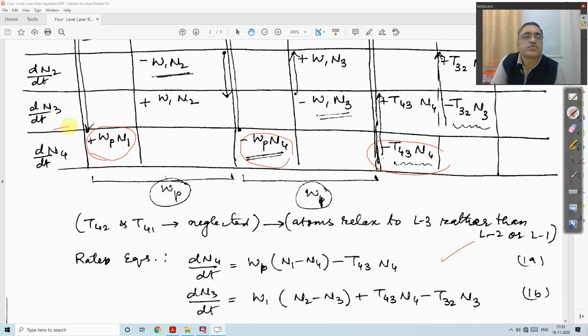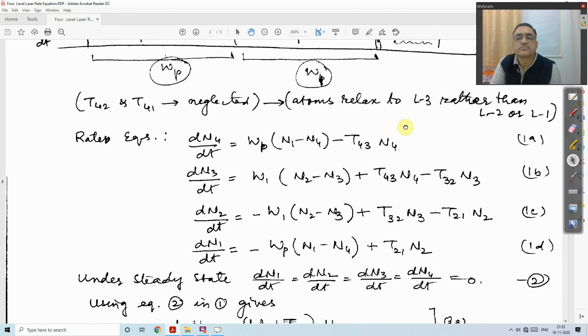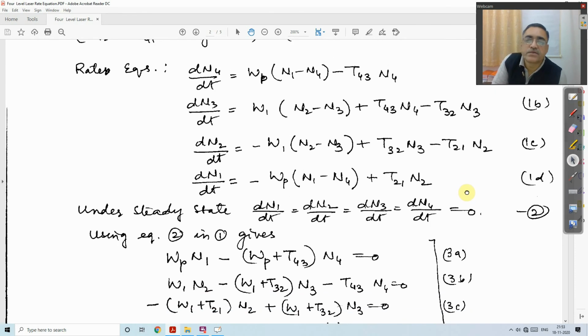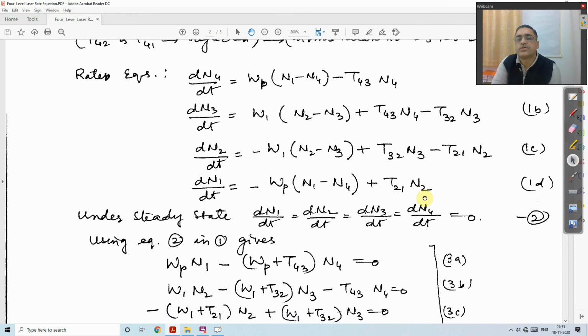Similarly, for N3, dN3 by dt is equal to W1N2 minus W1N3 plus T43N4 minus T32N3, and so on. We can very easily write all the 4 rate equations.